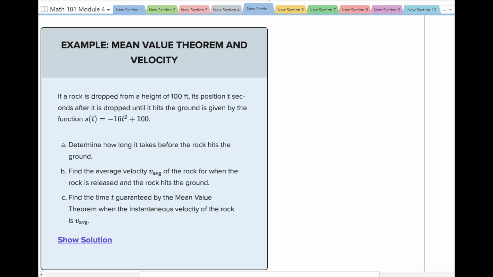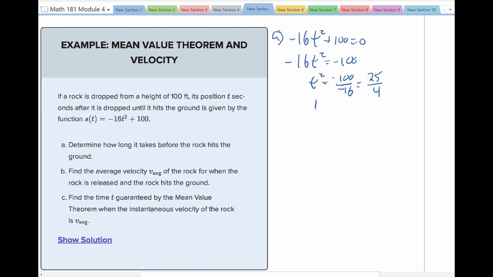For our first part, we take that position function and say negative 16t squared plus 100 equals 0, and solve for t. We have negative 16t squared equals negative 100. So t squared is negative 100 over negative 16, which can be reduced to 25 over 4.